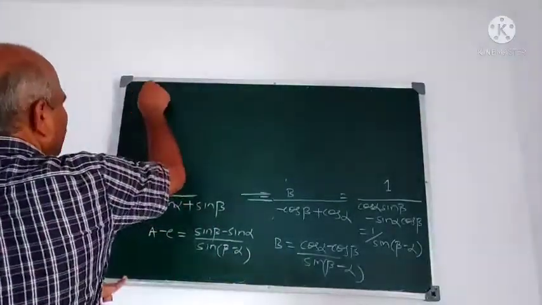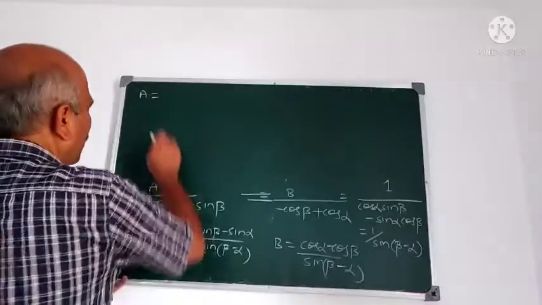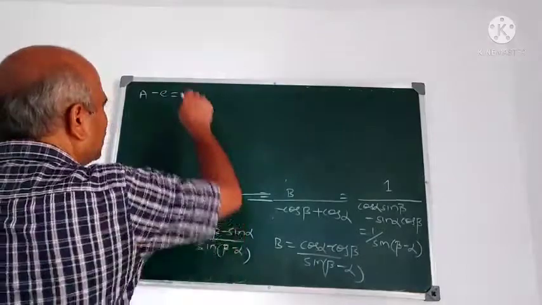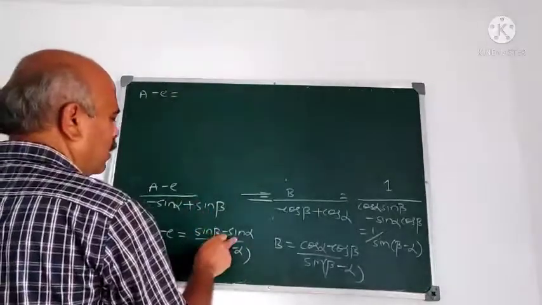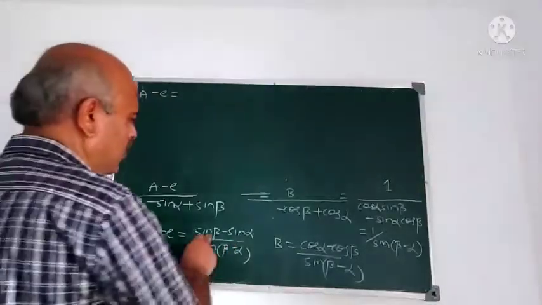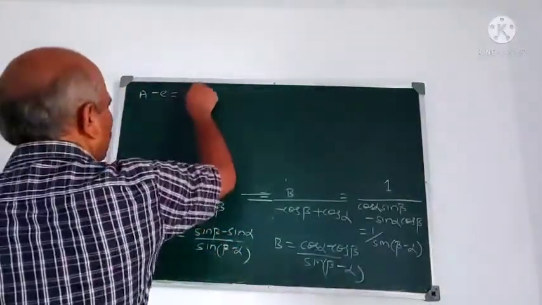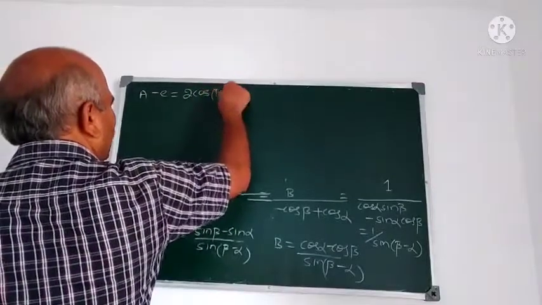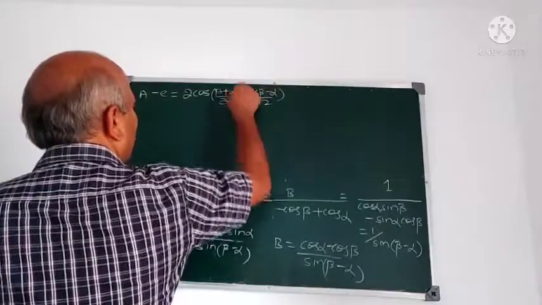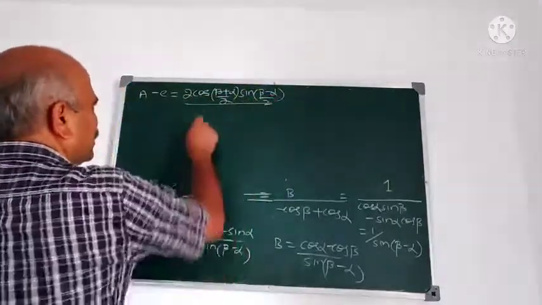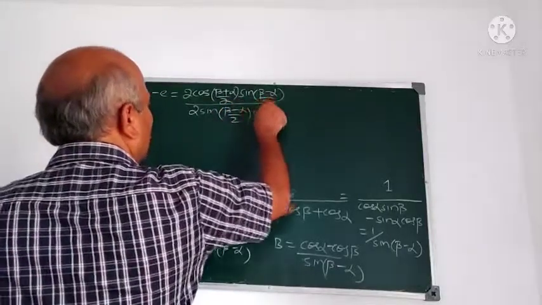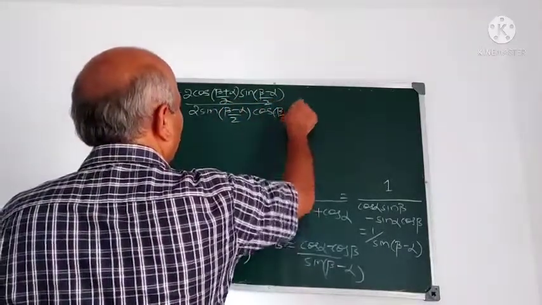Therefore I write A minus e, now using the half angles formula. Sin minus sin is given by the sum to product transformation: 2 cos of beta plus alpha by 2 into sin of beta minus alpha by 2, divided by sin of beta minus alpha, which is 2 sin of beta minus alpha by 2 into cos of beta minus alpha by 2.